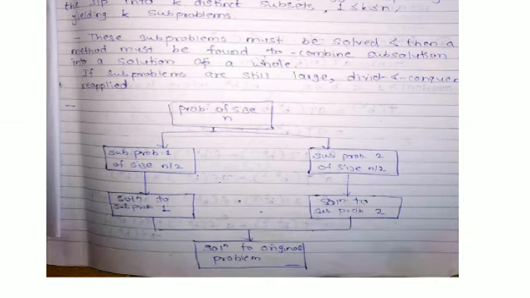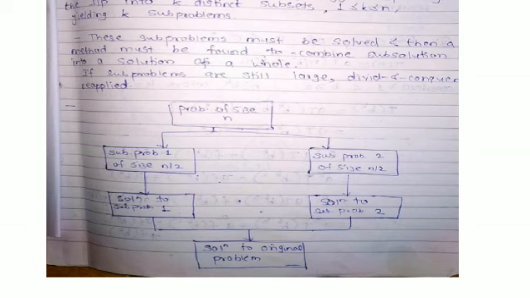For example, in the diagram given, you have a problem of size n. Sorting is the problem and we have n number of elements. In divide and conquer strategy, your problem of size n will be divided into two sub problems: sub problem 1 of size n by 2 and sub problem 2 of size n by 2.